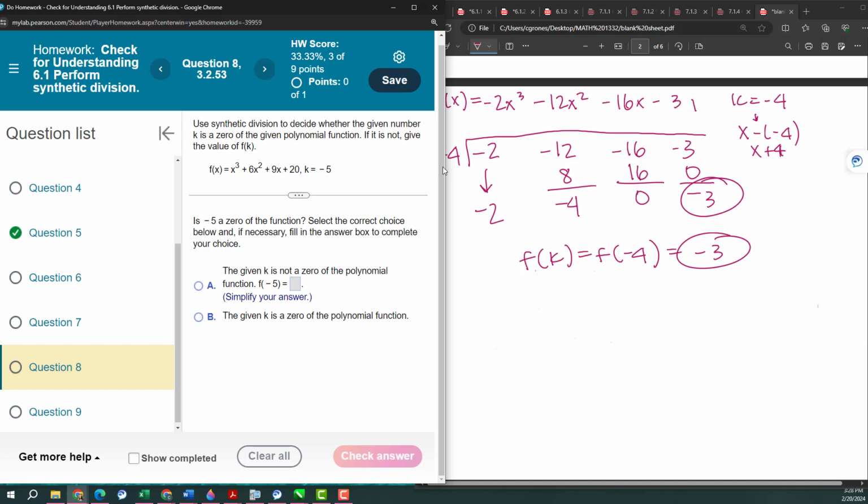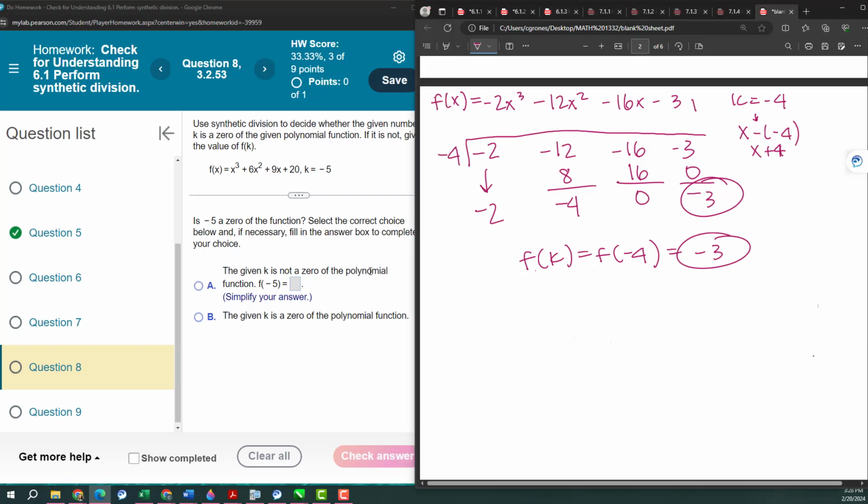If it is not, give the value of f of k. Alright, so number 8, we have f of x equals x cubed plus 6x squared plus 9x plus 20, and then k equals negative 5.